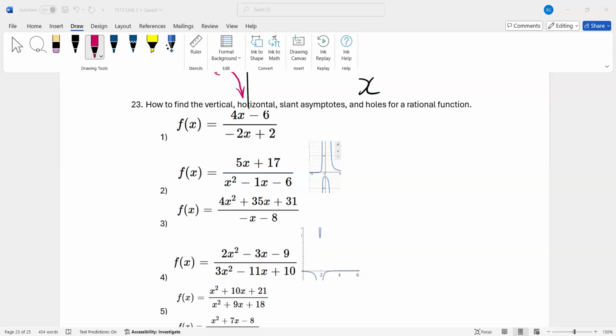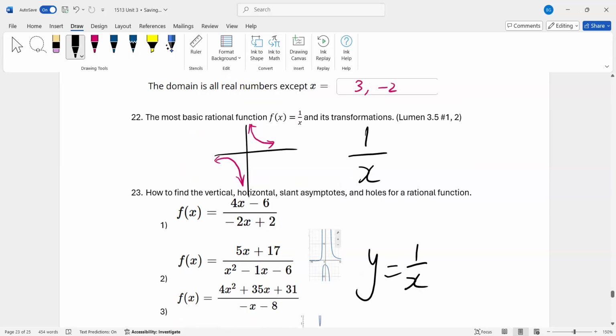Asymptotes. The mother function, y equals 1 over x, has asymptotes. Even this simple reciprocal function has asymptotes. The horizontal asymptote is the x-axis, y equals 0.